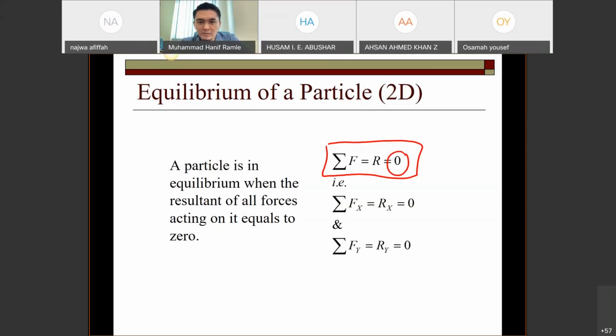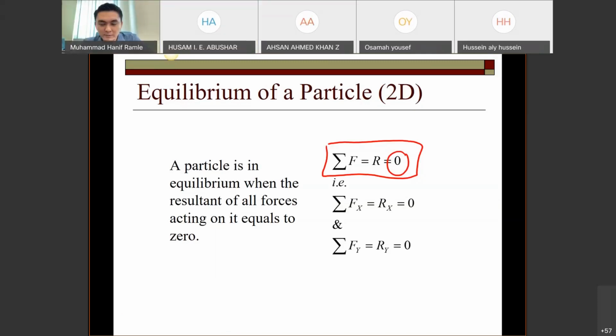Newton's first law. First law, second, third? First. Law of inertia. Not the third law. The answer is first, second, third? First. Yes, the answer is Newton's first law.